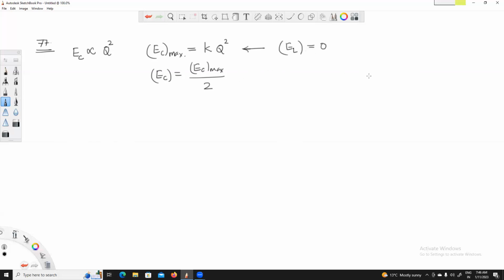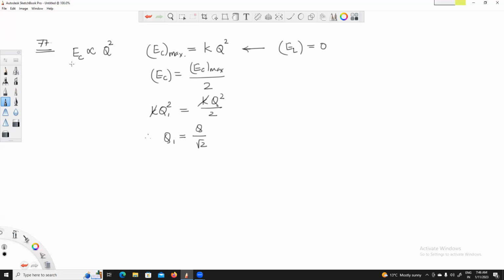So it will keep oscillating between inductance and capacitance. When capacitance energy is maximum, inductance energy is 0, and vice versa. Now it has become half, so I can write EC as K times Q1 square, which is equal to K times Q square divided by 2. This K gets cancelled. So my Q1 now is basically Q divided by root 2.